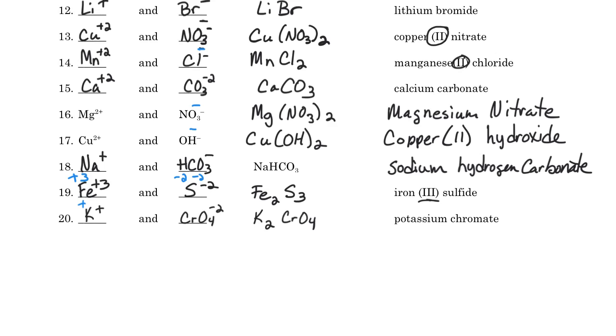So in order to get my compound to balance out and be neutral, I'm going to need 3 of the sulfur and 2 of the iron. Chromate is another polyatomic ion, so I have to look on the ion sheet, and I see that chromate, CrO4, has a -2 charge, so I'm going to need 2 of the potassium to balance that off.